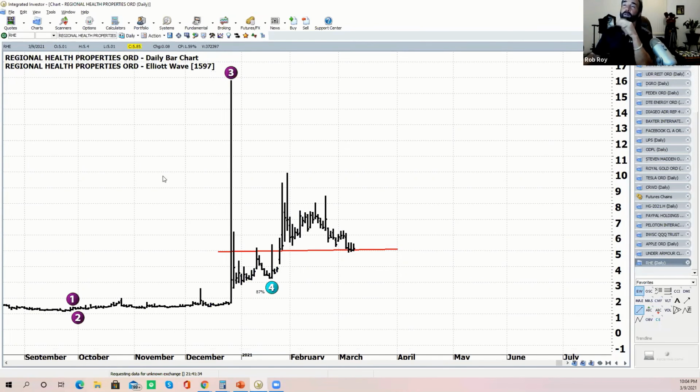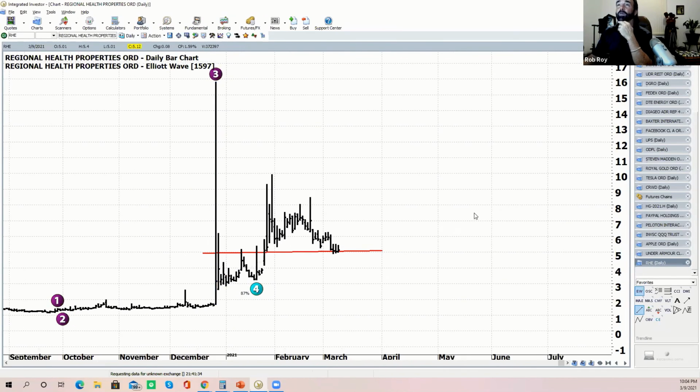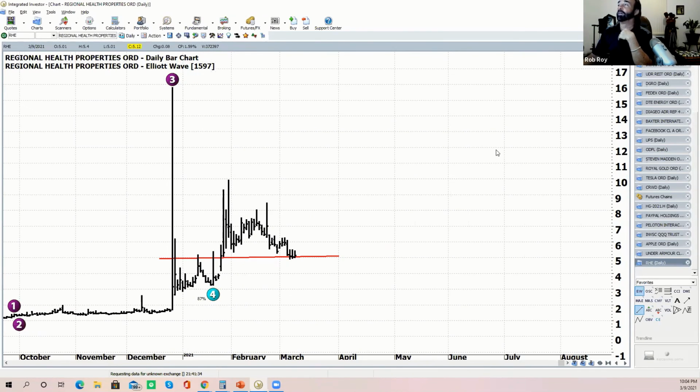The wave 5 pattern is, I don't know what this was that occurred back on the 28th of December. I don't know if that's legit or if that's just a bad quote or whatever. But it has support. If it breaks that, it's got another level of support right there around 3.5. And if it breaks that, then it resets all the way back down to 1.5.